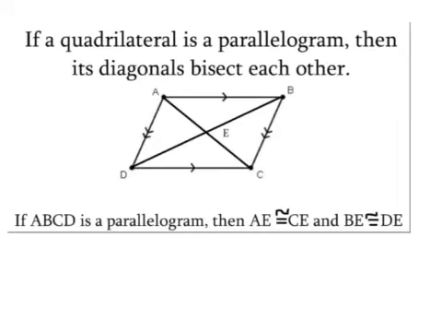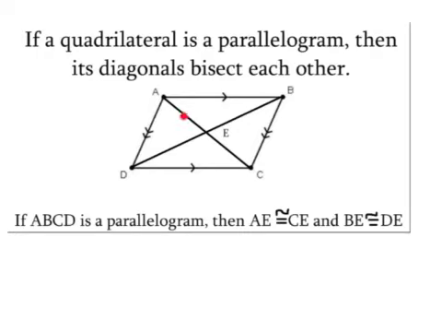Then the last property we'll talk about is about the diagonals. So if we have a parallelogram, the diagonals bisect each other. Now, don't forget what bisect means. It means it cuts it into two equal parts. My diagonals are the lines that go from opposite angle to opposite angle. So AC and DB would be my diagonals. They cut each other in two.